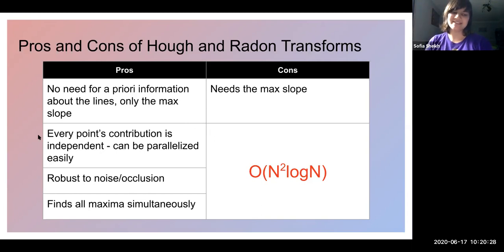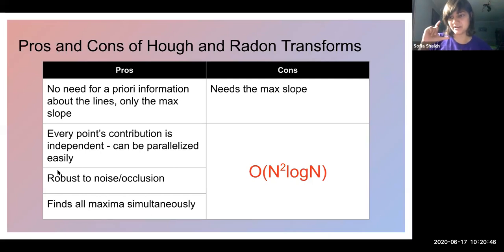Another nice thing about this is that you can parallelize it very easily because you can just split the image into smaller boxes and say, okay, this processor take this one, this processor take this one, and you can speed it up very easily that way. It's pretty robust to noise or occlusion.